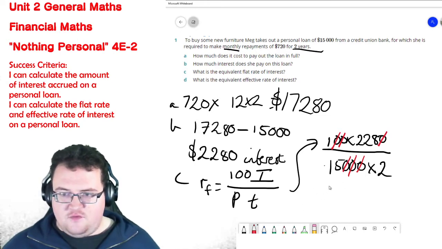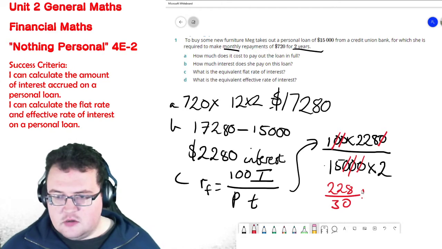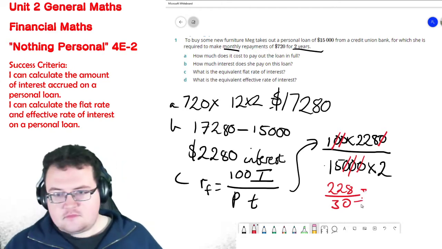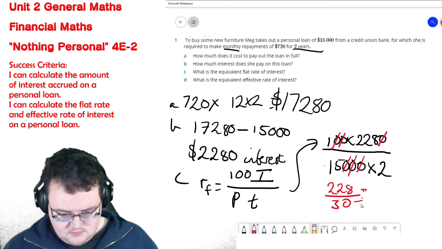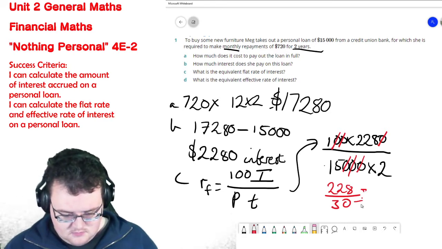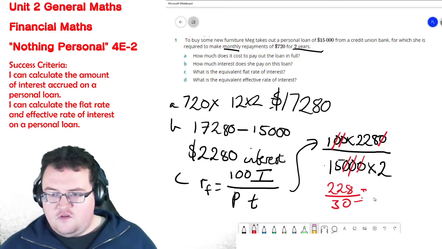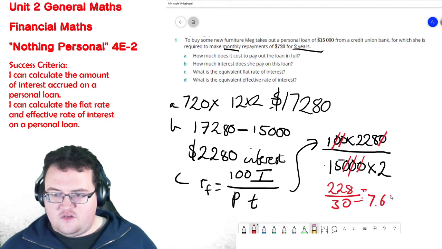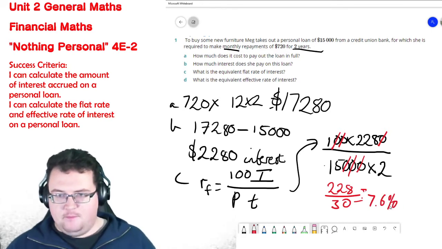So that means we are left with 228 over 30, which equals 7.6% per annum.